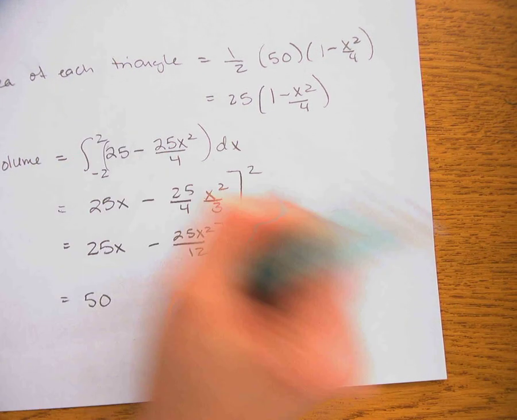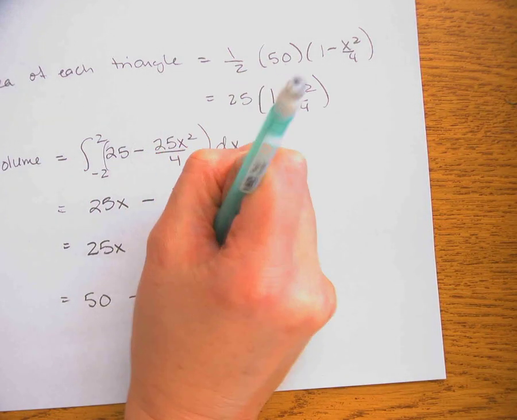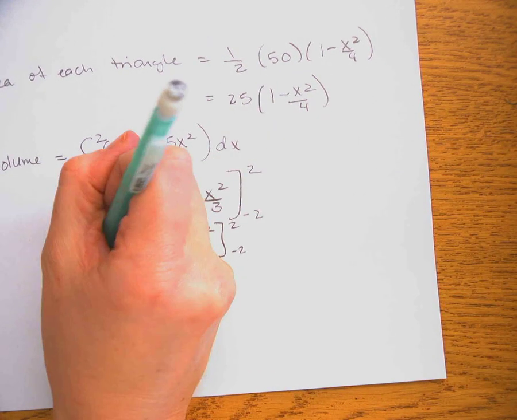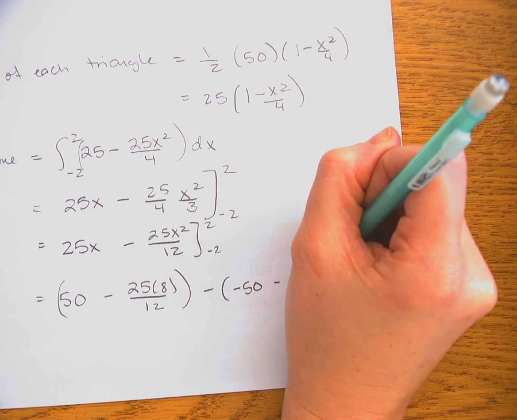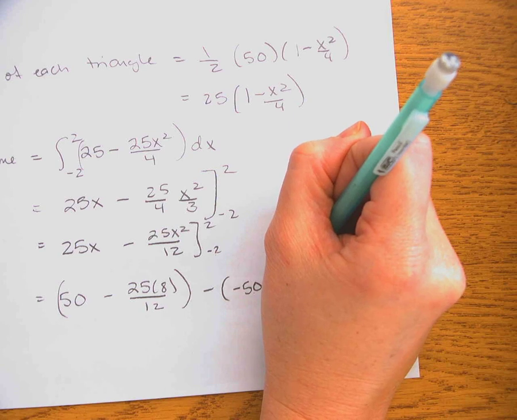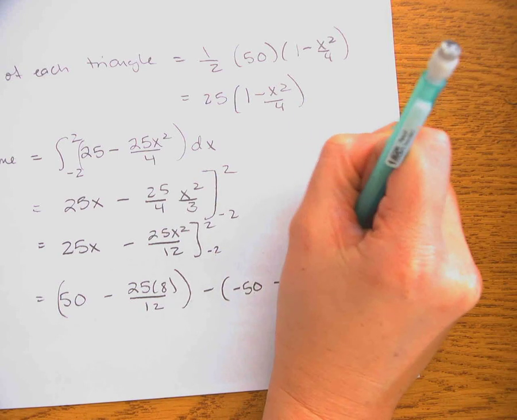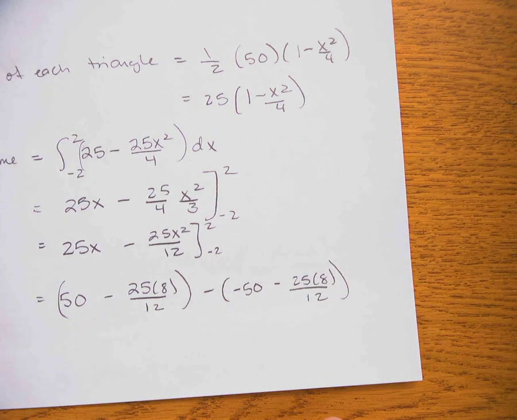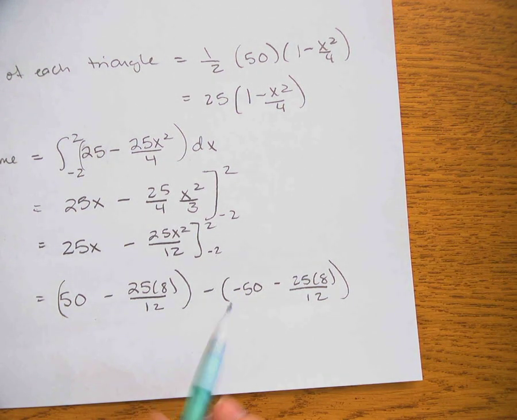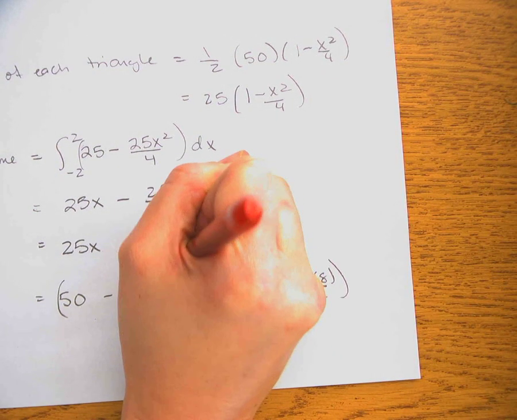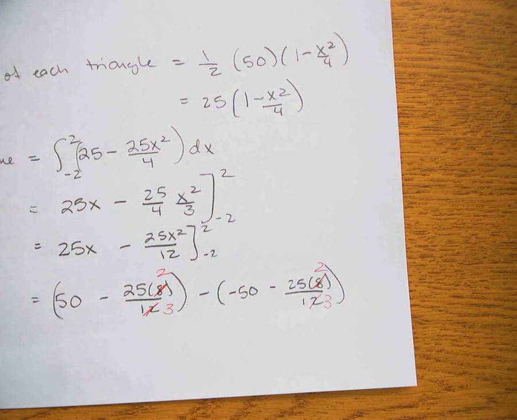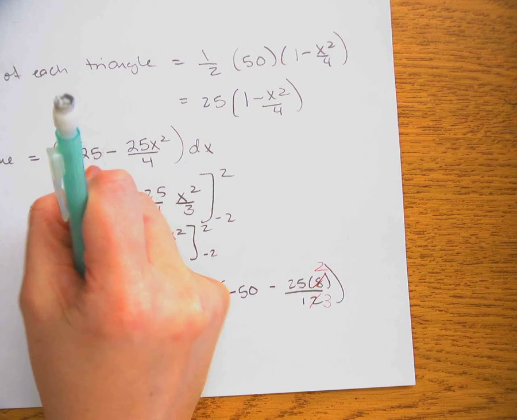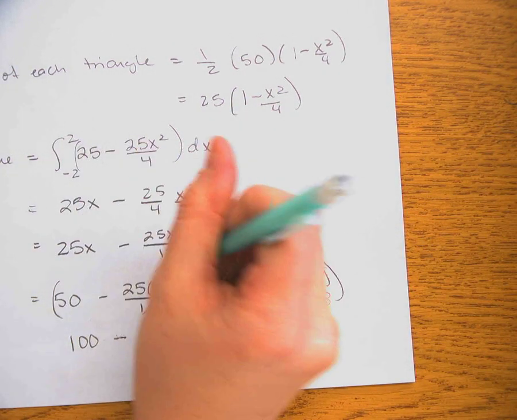So that's 50 minus 25 times 8 over 12. I'll simplify that in a second. Minus -50 minus 25 times 8 all over 12. Okay, so first of all, let me simplify these a little bit. So that would become a 2, and that would become a 3. And I'll have 50 plus 50, so that'll be 100, and then minus 50/3.